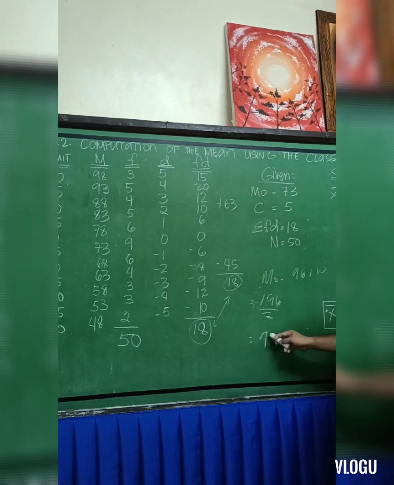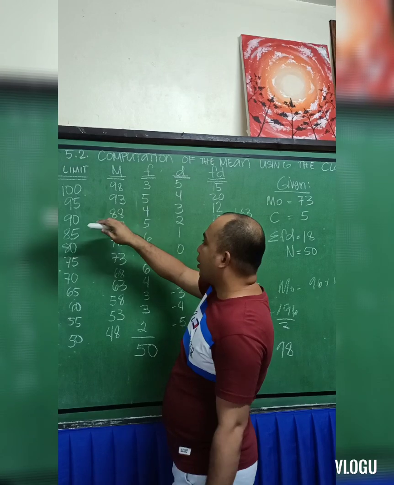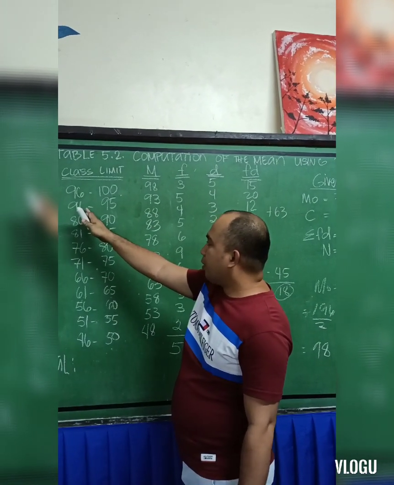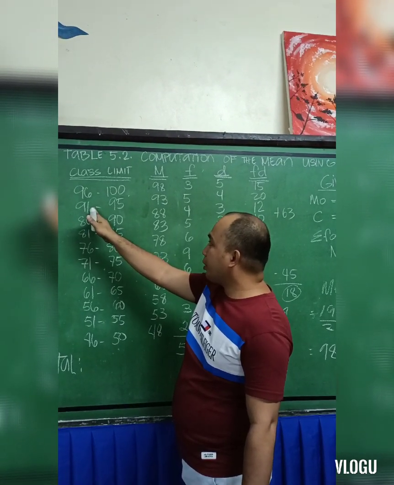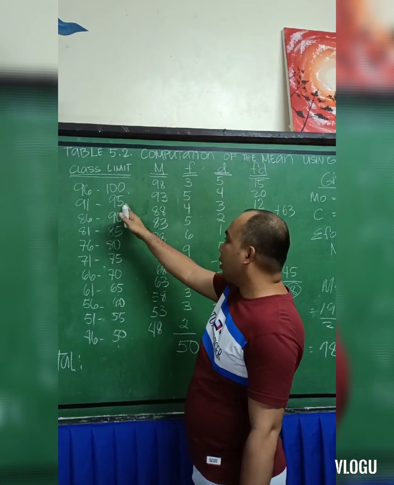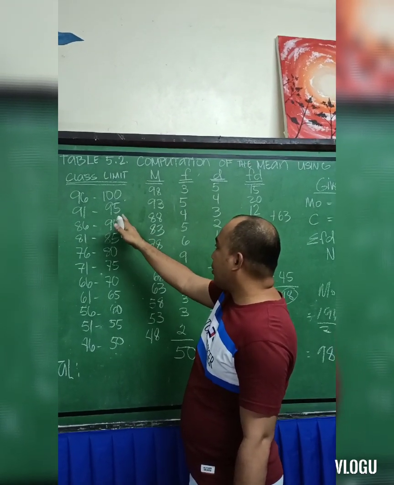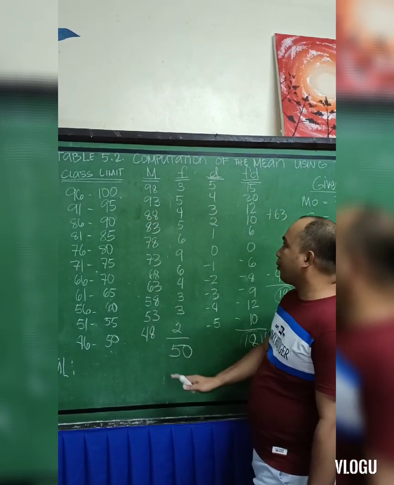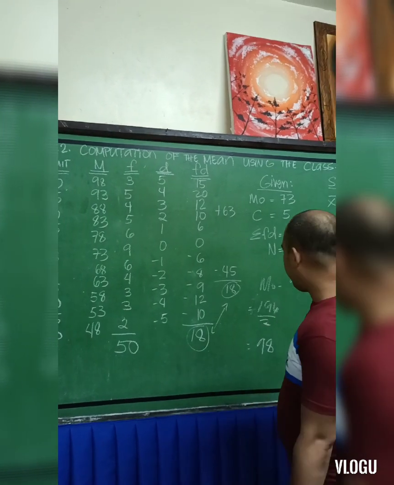So we have 98. That's why we have 98 here. If you continue, adding the lowest and highest boundaries of the class limit, 91 plus 95 is 186, divided by 2, you get 93, and so on and so forth. So that's how we get the midpoint.